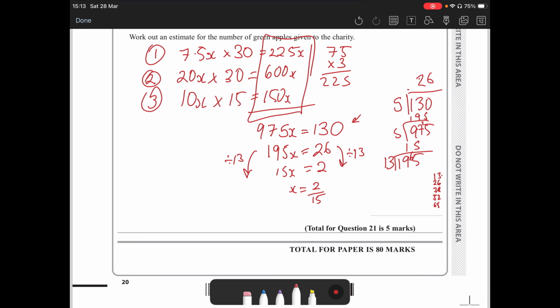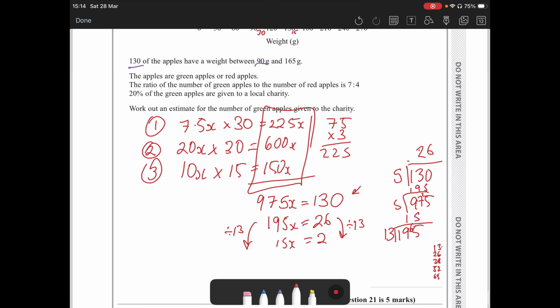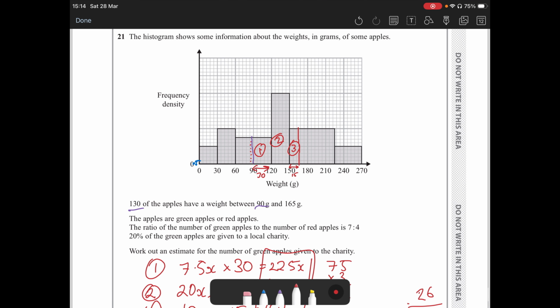Annoyingly, this isn't going to be a nice number, is it? But 10x would be 20 over 15, I suppose, which is 4/3. So it means that we're going up in 4/3.